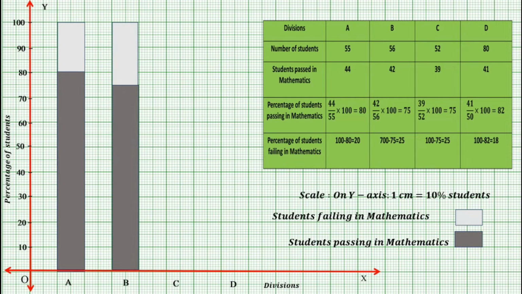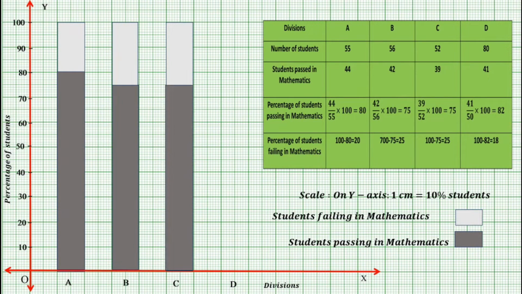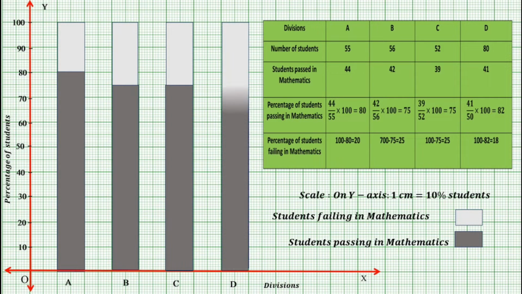Now we will see how many students passed in C division. You will see that 75% is also in standard 8 C division, and in division D of standard 8, the passing percent of students is up to 82%.